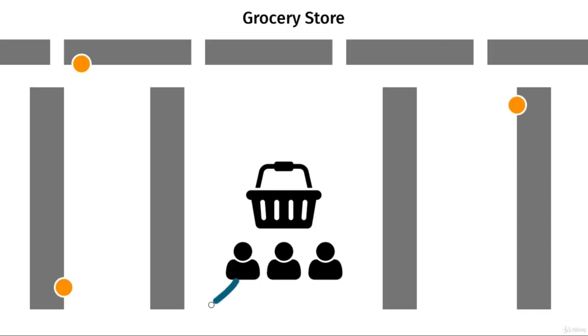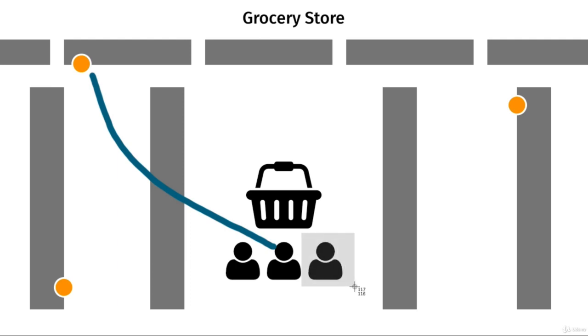The first person starts walking towards this item, but while that's going on, the other 2 people are completely frozen. They just have to sit and wait and watch until the first person completes their task. Now, once this first person successfully brings an item back to the cart, only then can the second person begin their task. And while that's going on, the third person is still completely frozen and cannot begin anything yet themselves.